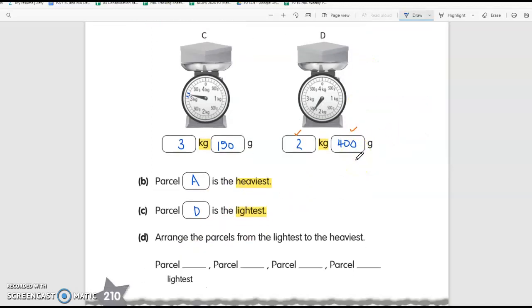So now we are going to arrange the parcels from the lightest to the heaviest. So we know that D is the lightest, so let's put in D first. And we know that A is the heaviest, so A will be the last. So this should be very easy for you, right?